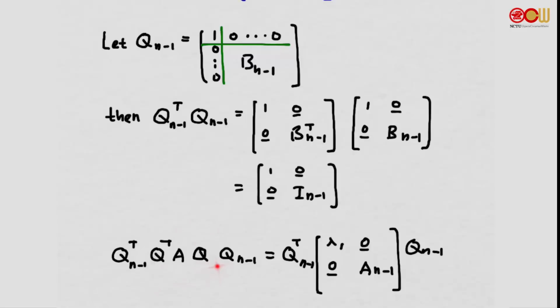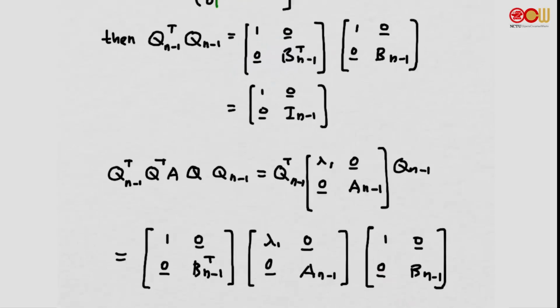This product here in the middle we know is this matrix lambda 1, and at the bottom right corner is A_{n-1}, and Q_{n-1} by definition, this is a transpose, and then the middle one is the same here, and we see they are all of the same partition. They are all block diagonal.